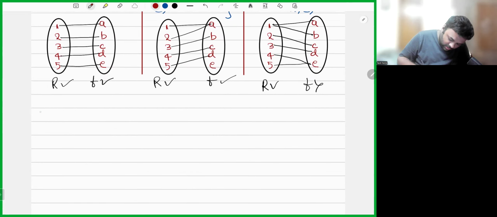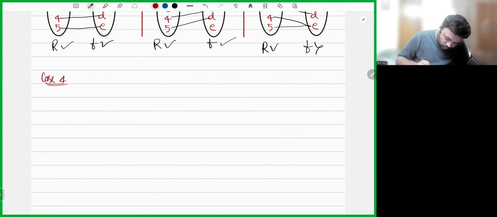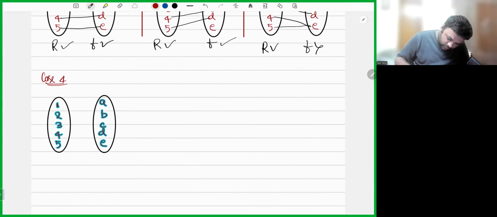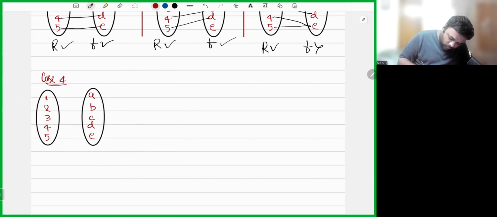Next, case 4. Tell me whether it is a function or not. Yes, it is a relation. Tell me whether it is a function or not.